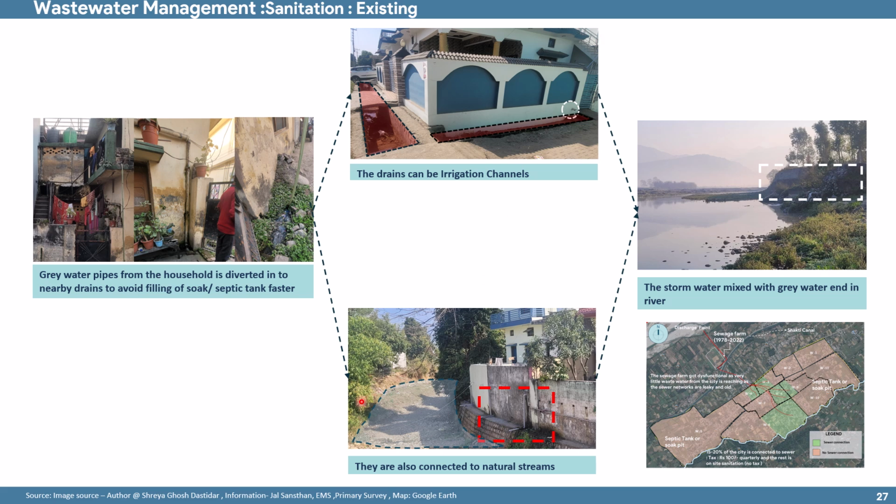This practice is done unofficially to decrease the load on individual septic tanks or soak pits owing to the inefficient monitoring of the same. This wastewater mixed with stormwater is then carried to the river, which further pollutes the river.